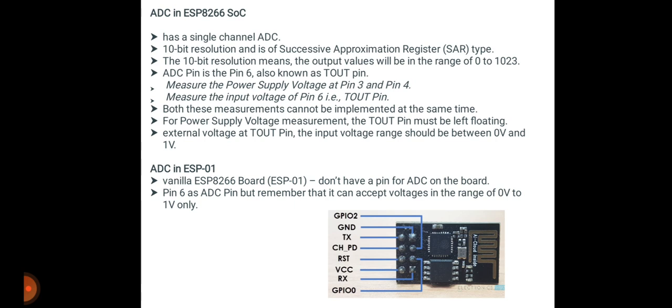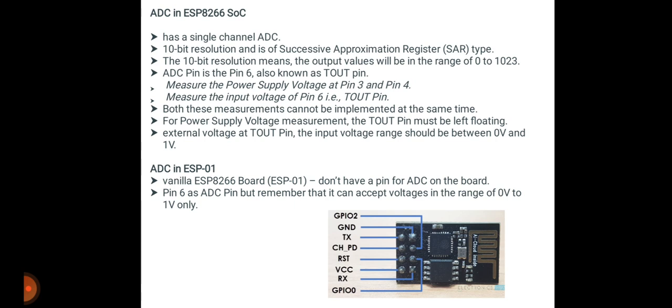If you refer to the datasheet of the ESP8266EX SoC, the ADC pin is pin number 6, which is known as the TOUT pin. The ADC can be used for basically two types of measurement.